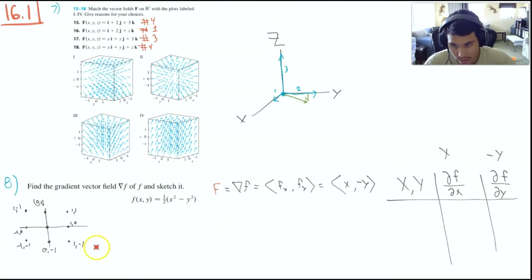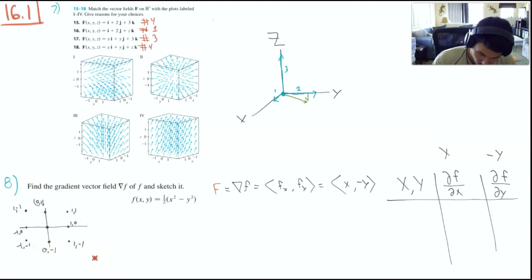So I'm actually just going to pick 4 points here. If you really want to get a really good drawing, you pick more points, and you keep doing a larger rectangle around it, and a larger rectangle, and then you'll create a really nice looking vector field. But for the sake of this, we're just going to pick the outside points like this. Okay.